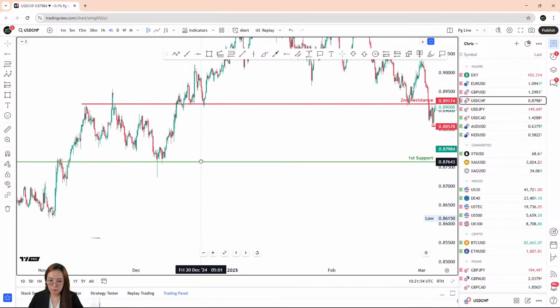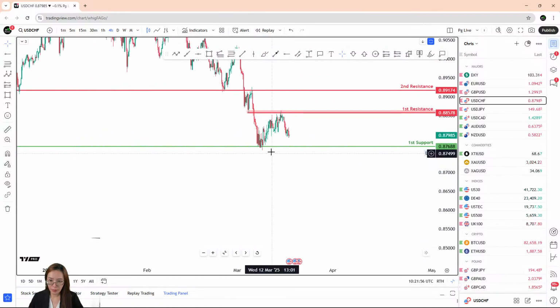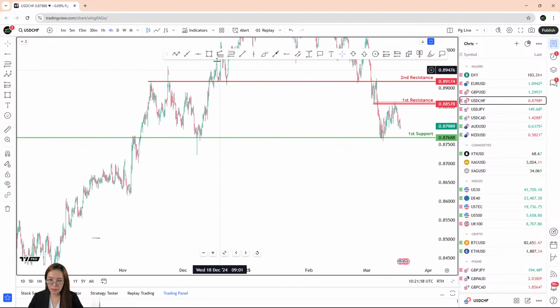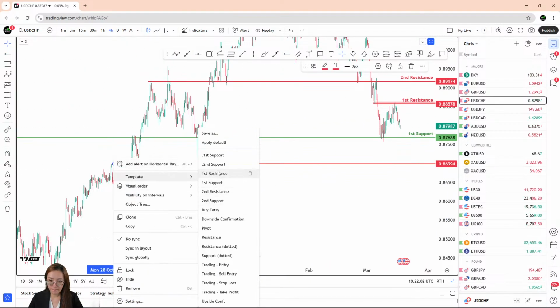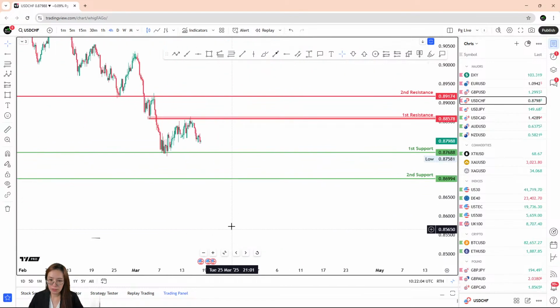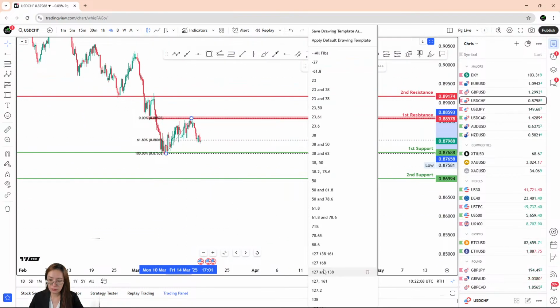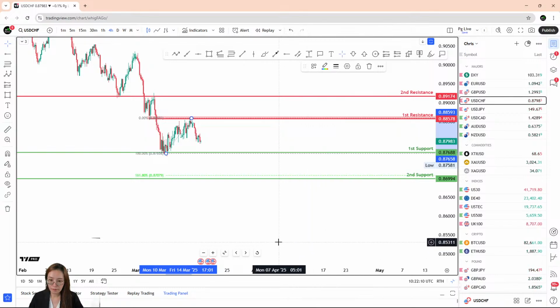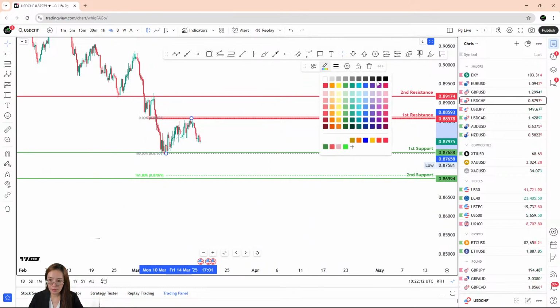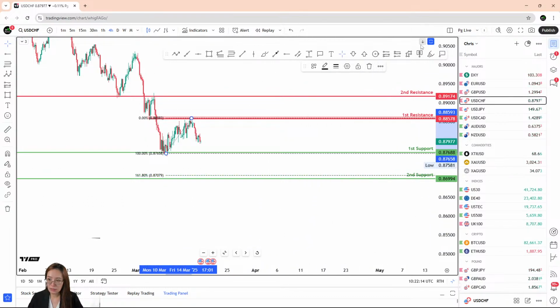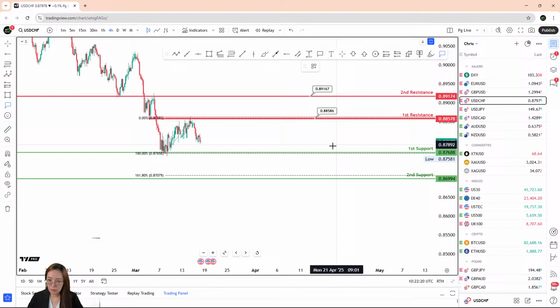I will move up. The precise support is right here on H4. The second support level is here, which uses the extension. How many percent? 161.8 maybe, exactly somewhere around there. So this is a key level for you.